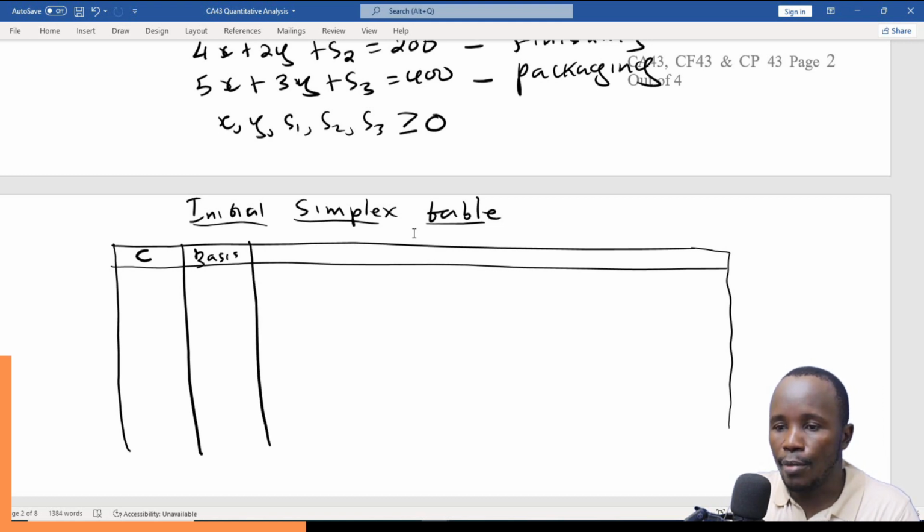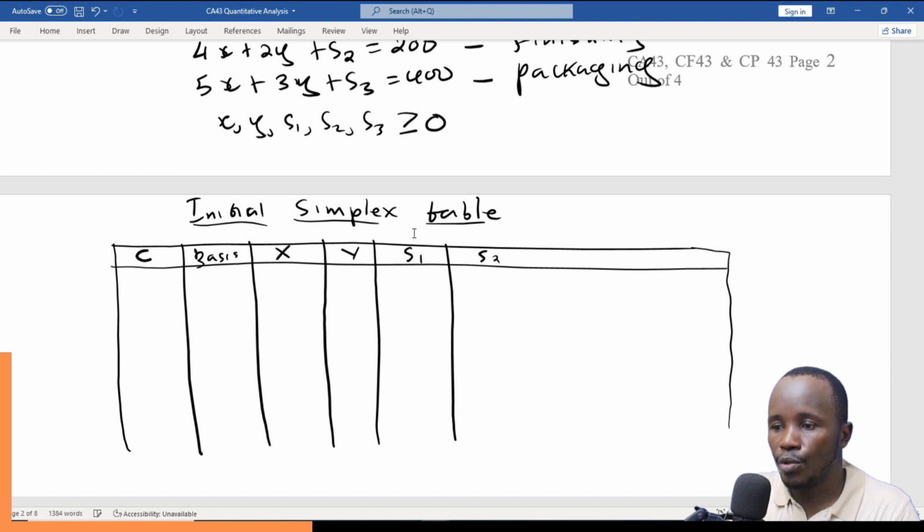The third column is going to be occupied by X. The fourth column is going to be occupied by Y. Then we shall have the slack variable S1, slack variable S2, slack variable S3. Then we shall have BI, or value. You can just write the value to make it clear.